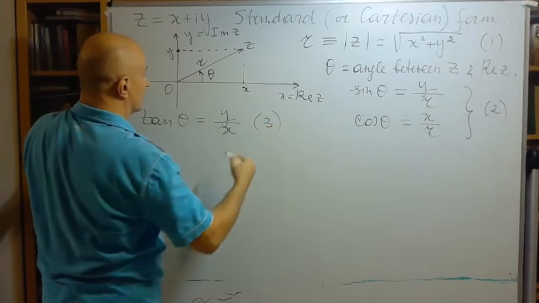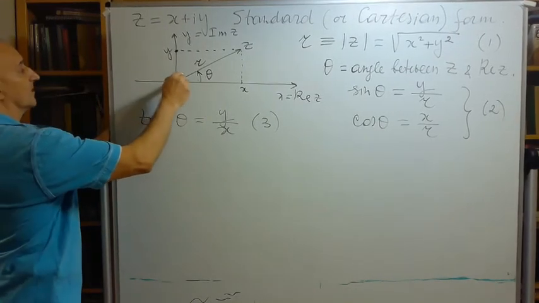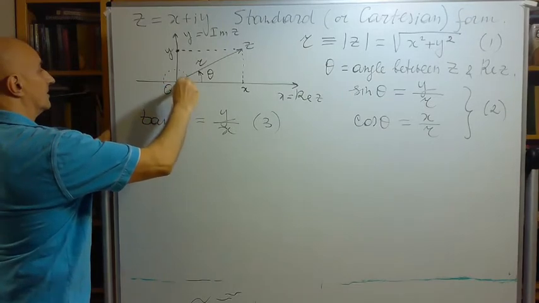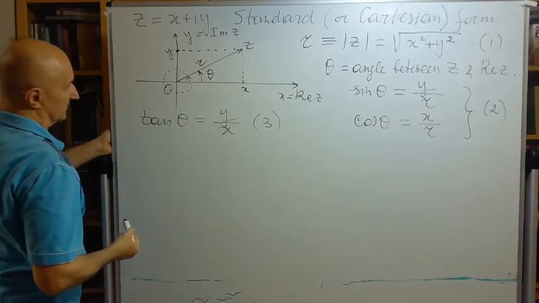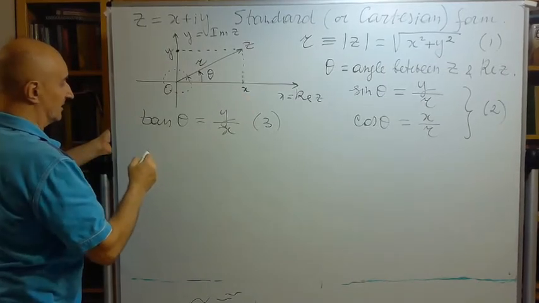This is the formula number 3, and these relations number 2 tell us that theta is determined up to 2 pi, because if we add to theta a complete revolution, or we subtract a complete revolution, we will have the same sine and cosine.